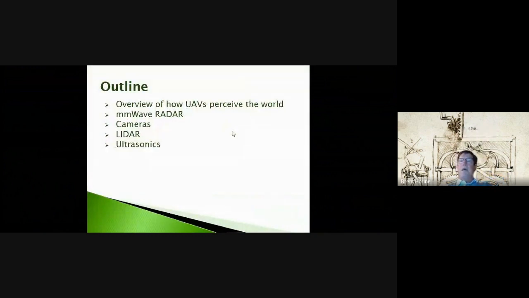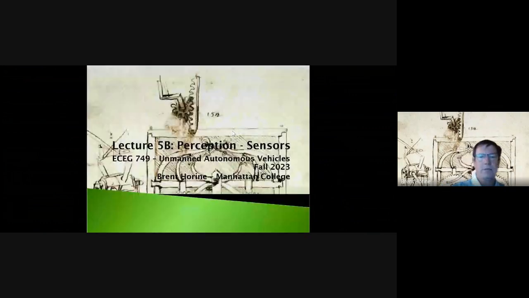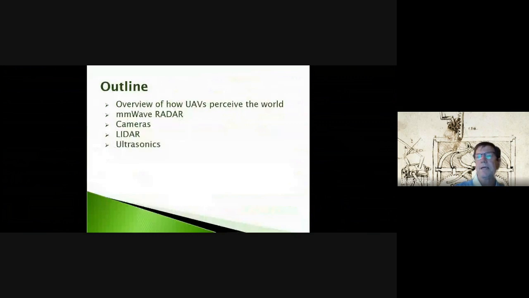All right, so let's start talking about sensors now a little bit. We've been talking about concepts, algorithms, all these different filters and stuff. Let's get back to talking about some hardware and signal processing maybe. So, how do UAVs perceive the world?